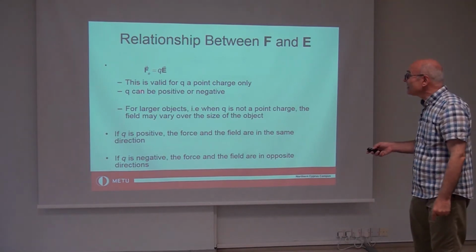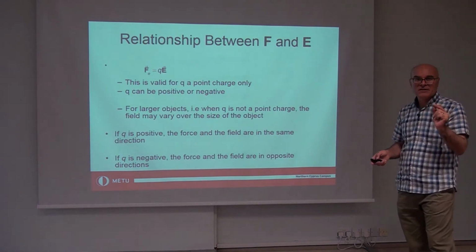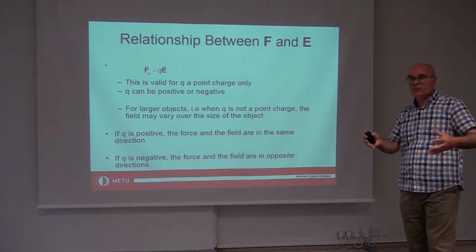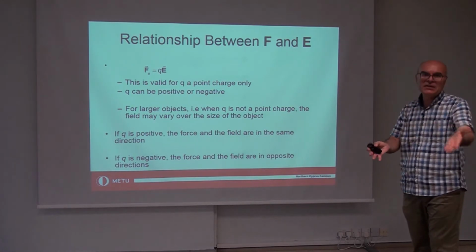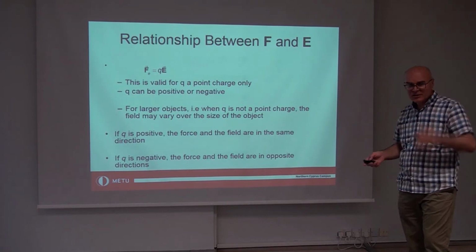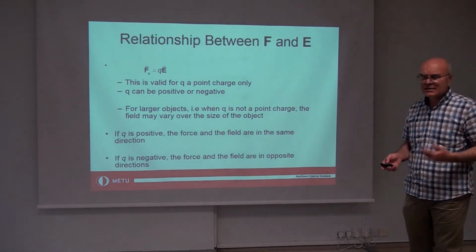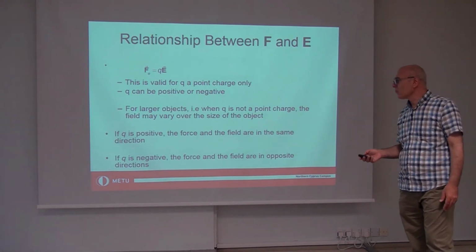This relation is valid only for point charges. If you put an extended object, not a point charge, in an electric field, definitely it will feel a force, but the force will not be given simply by this relation. We will see later how we can find this force.